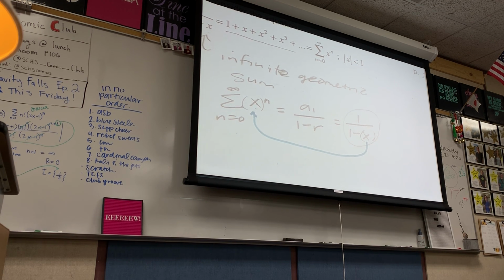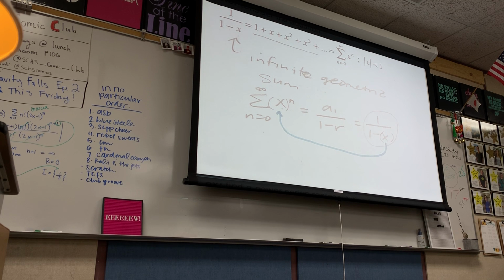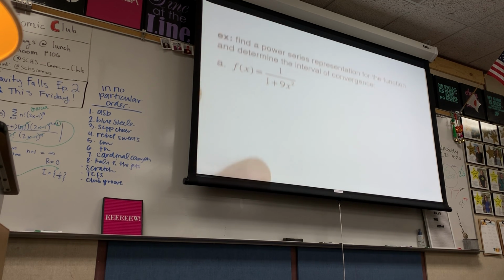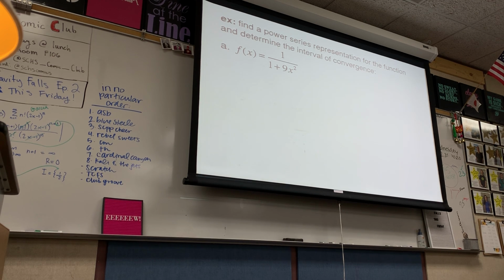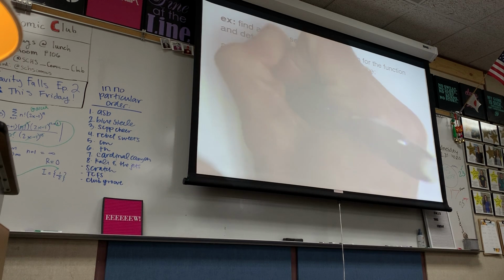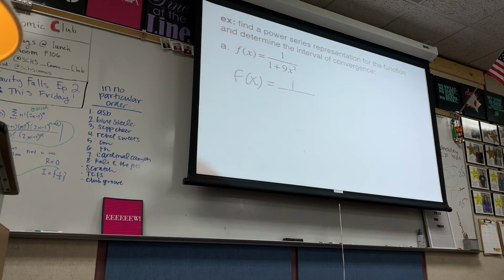So that leads us into our first example. The first example is 1 over 1 plus 9x squared. To get this in the right form, you're going to rewrite it as 1 over 1 minus, what would go inside that parentheses? Negative, great, 9x squared. Now this function is of the right form.